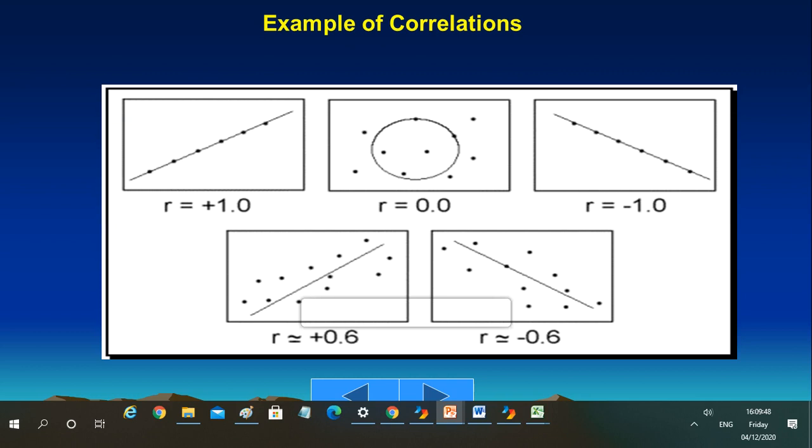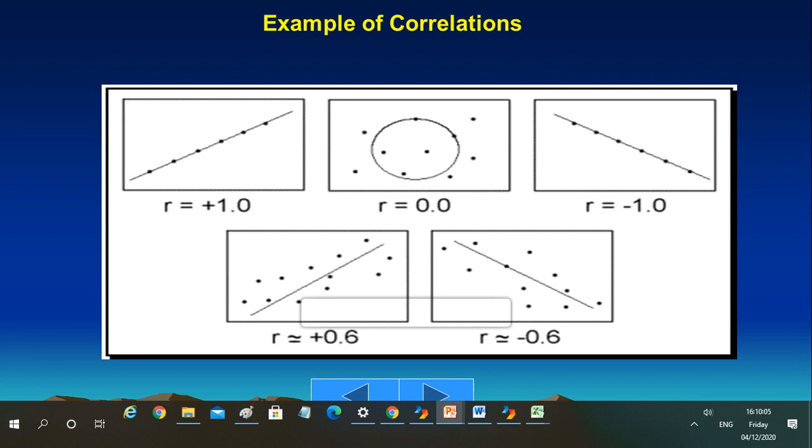R equal to 0 means there is no relation, because it is not giving you any direction or clue. Similarly, in the third picture, R is equal to -1, which means it is going from top to bottom on the right side.